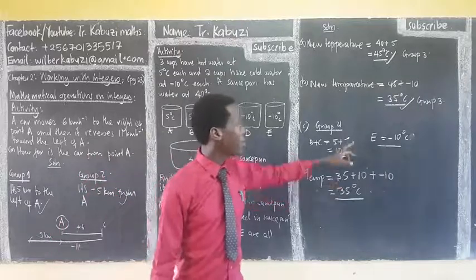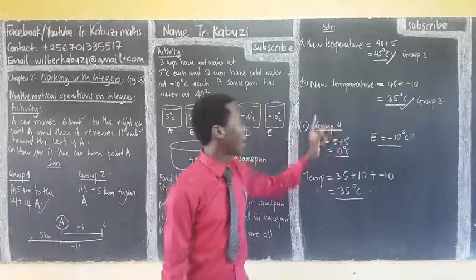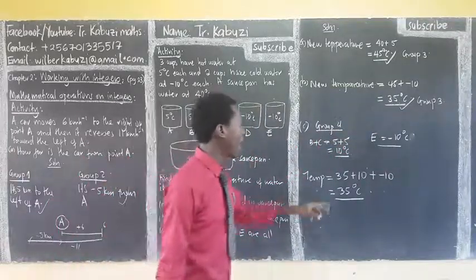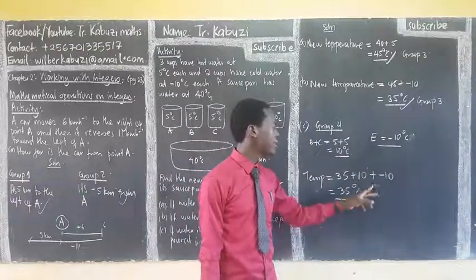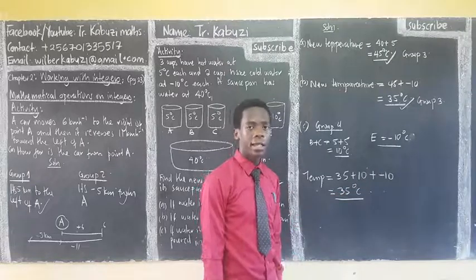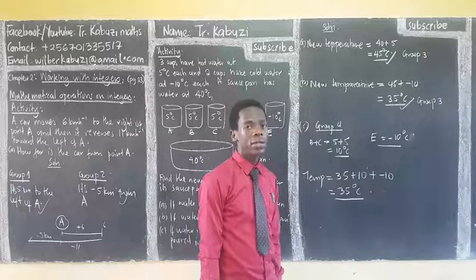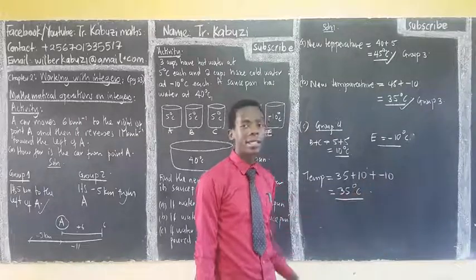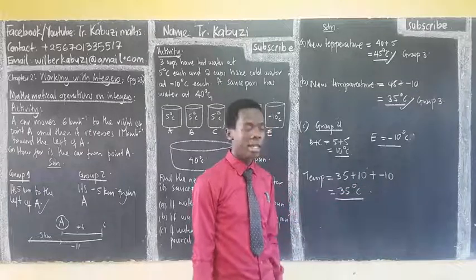So here now, when they add this, and now the temperature of the water and the saucepan by now, after these two, we are adding these two cups, and then plus this one. When we add these two, it's a positive 10 and a negative 10. They are the same in magnitude, but they are different in terms of the signs. So negative 10 plus 10, you are going to be getting 0.